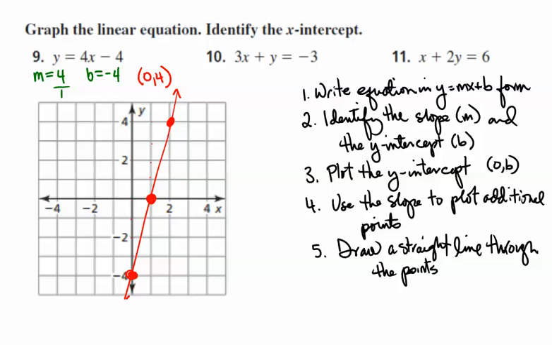We would first make sure the equation is in y equals mx plus b form. It is. We identify the slope, 4, or 4 over 1. We identify the y-intercept on the y-axis, -4.